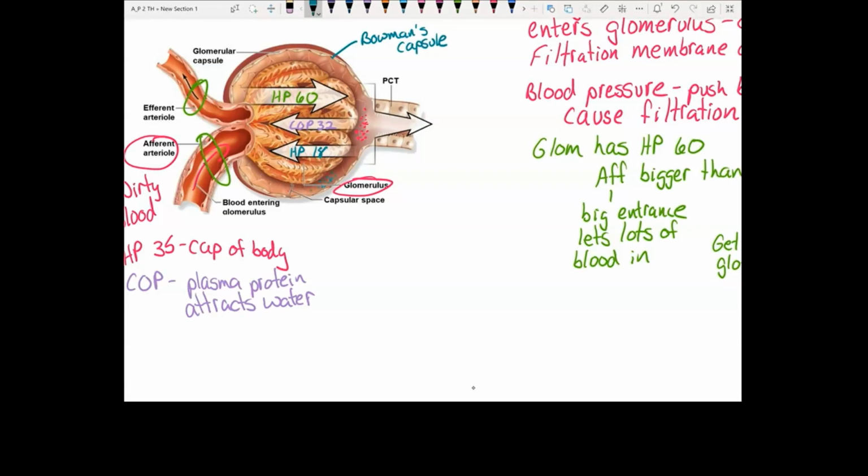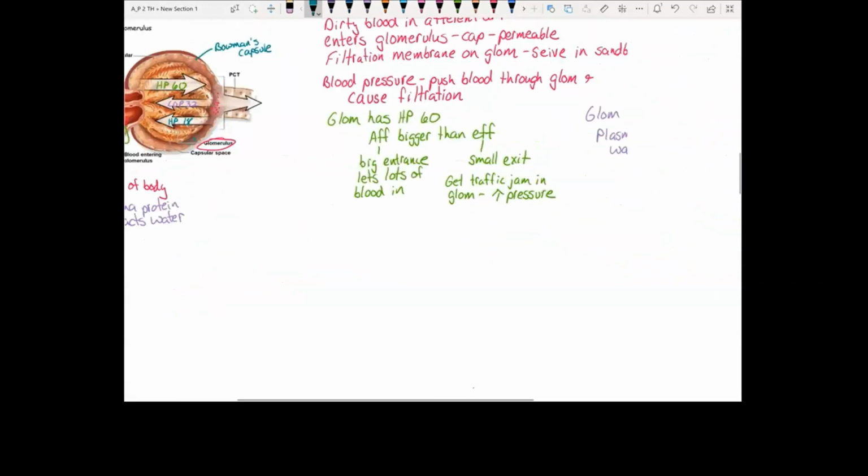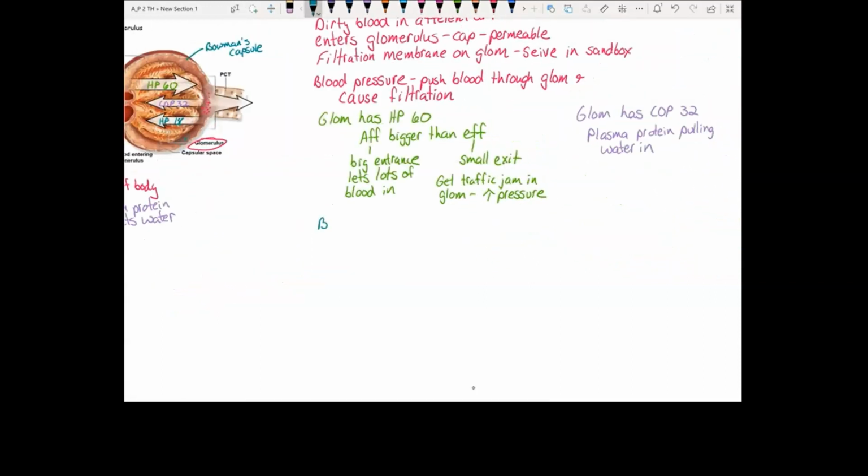It can't just spread out like it can elsewhere in your body. It's trapped between the glomerulus and the capsule. So Bowman's capsule has a hydrostatic pressure of 18.